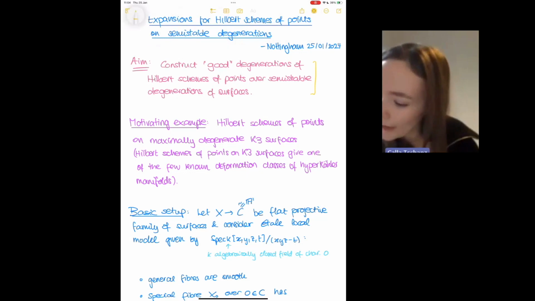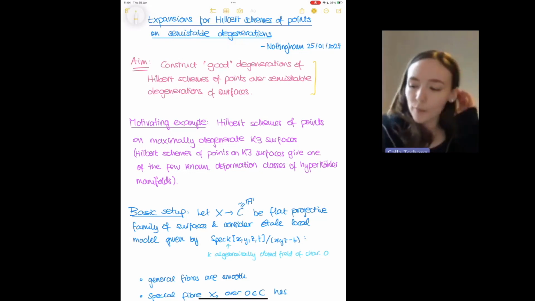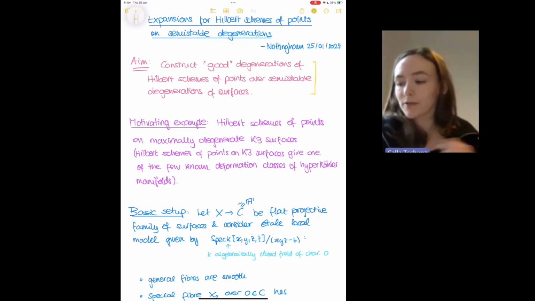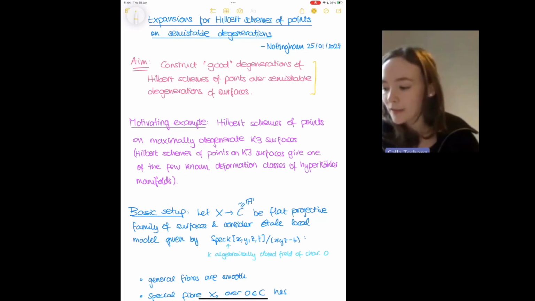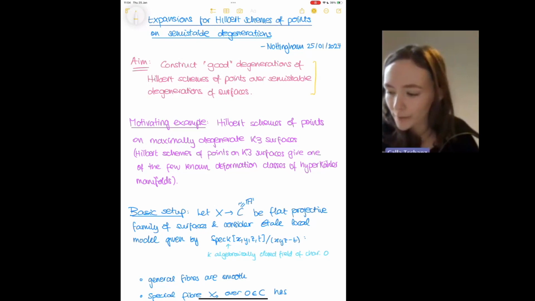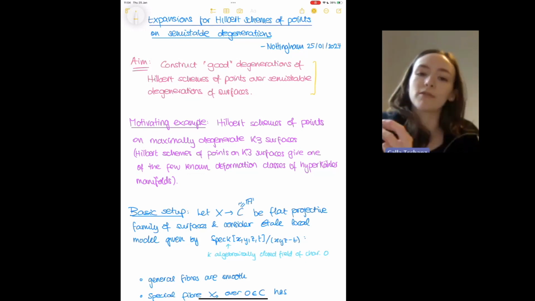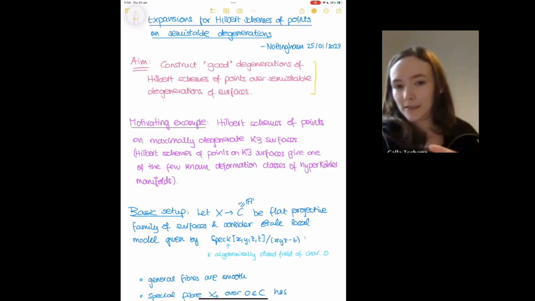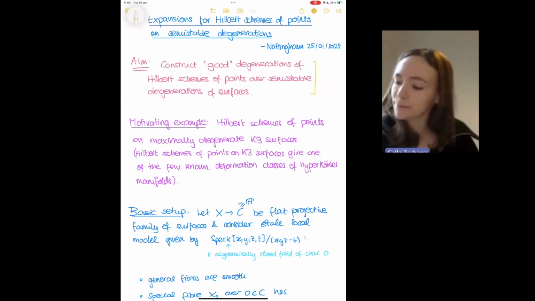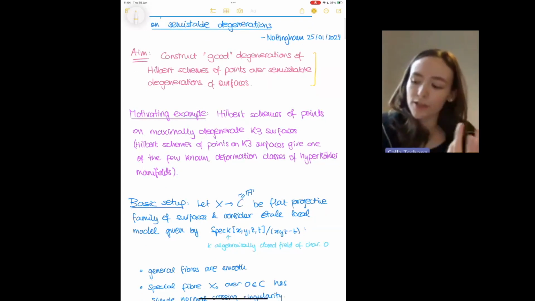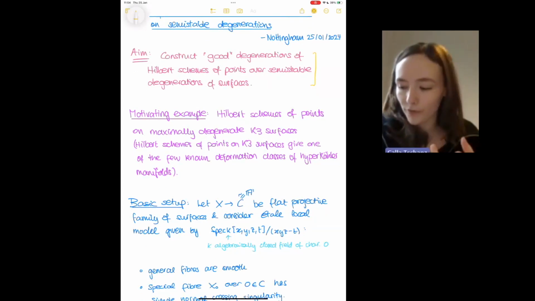And the motivating example that I had when I started this work was thinking about Hilbert schemes of points on maximally degenerate K3 surfaces. Basically, if you look at the moduli space of K3 surfaces and you look at the boundary of this moduli space in some compactification, the worst type of degenerate K3 surface is this maximally degenerate K3 surface. And how do we construct Hilbert schemes of points over those things?